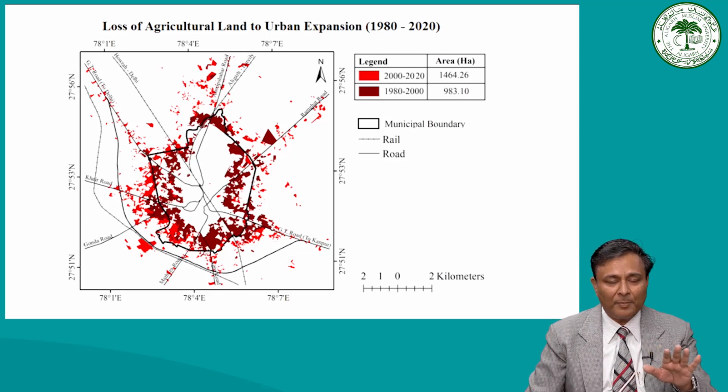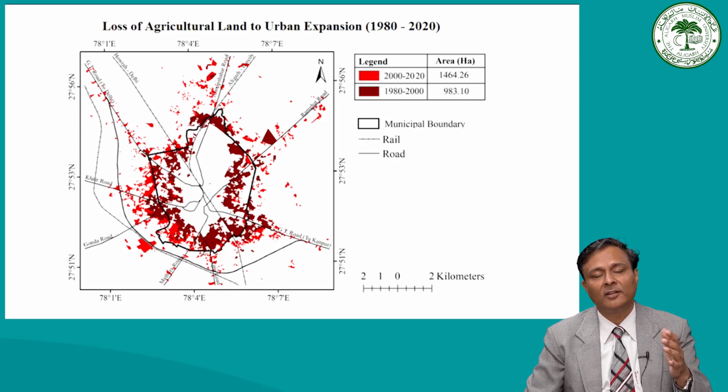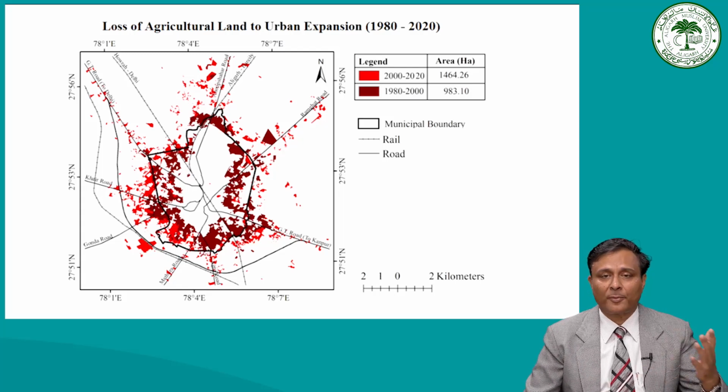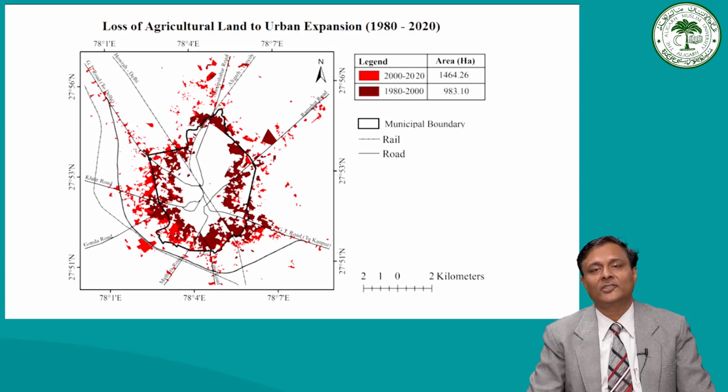It is not only about the spatial information as to in which part of the city the losses were dominant and in which part they are lesser, but we also know exactly how much agricultural land is lost.